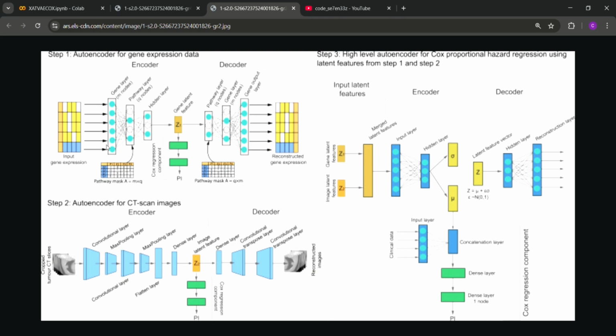Cox proportional hazard model, a statistical model used for survival analysis, predicting time to event outcomes, such as survival time of patients. The XAT-VAE-COX model combines these three components to learn meaningful latent representations while ensuring that the extracted features are useful for predicting survival outcomes.